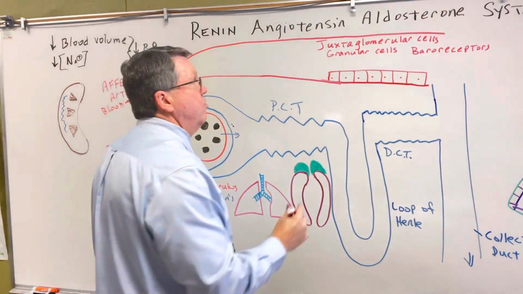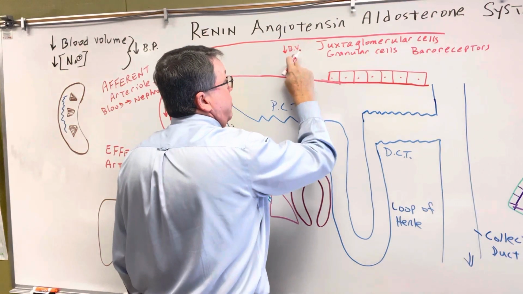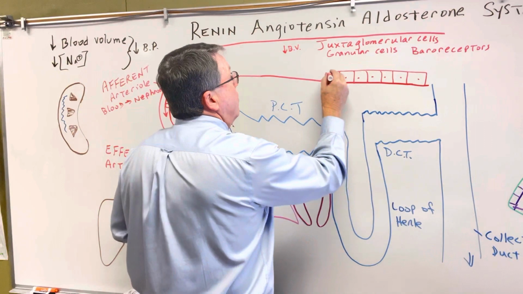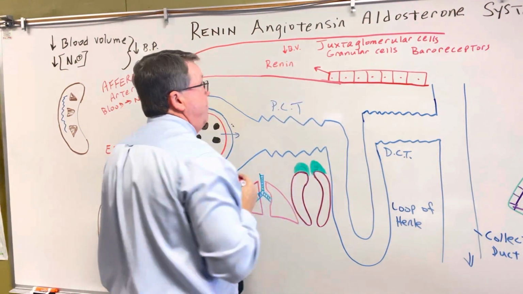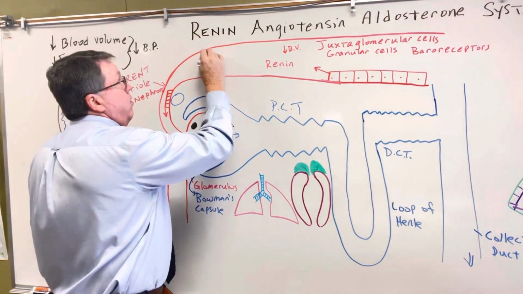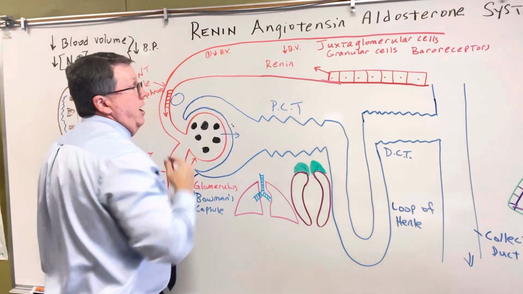So these are going to sense when there's a decrease in the blood volume, because that causes a decrease in the blood pressure. And what they're going to do is secrete renin. So the first thing that's going to cause secretion of renin is the decrease in blood pressure and blood volume.